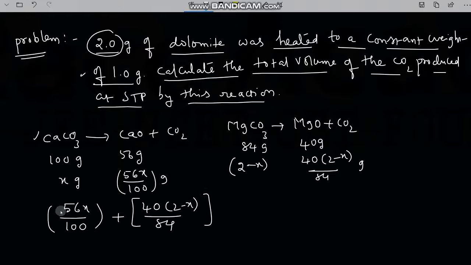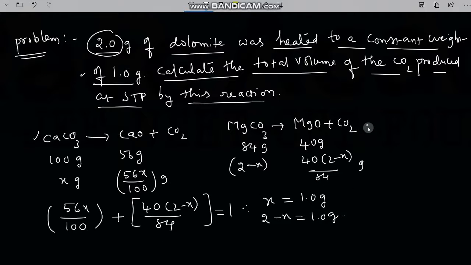This equals 1 gram. Then when you simplify this, after simplification I got x equals 1.0 grams. That indicates that 2 minus x is also equal to 1.0 grams.